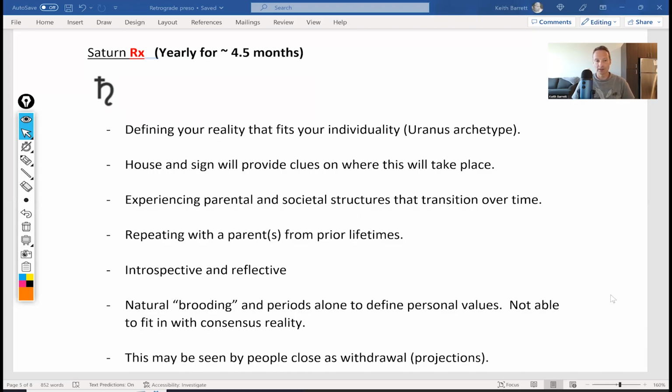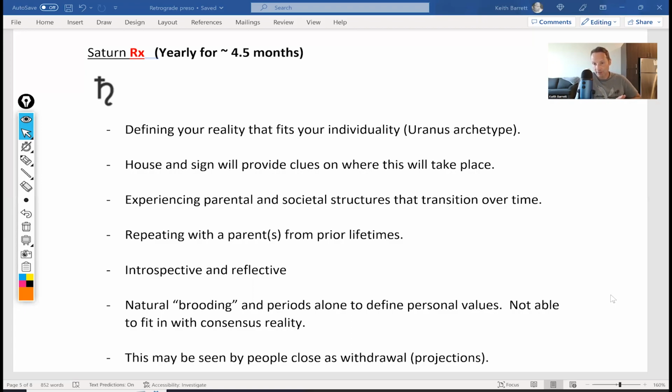It's also correlated to societal structures, and it's also correlated to belief systems, right? And so structured belief systems from the patriarchy and religious conditioning, and that type of structure, mental reality is part of Saturn. And so with a Saturn retrograde, it's defining your own reality that fits your individuality.